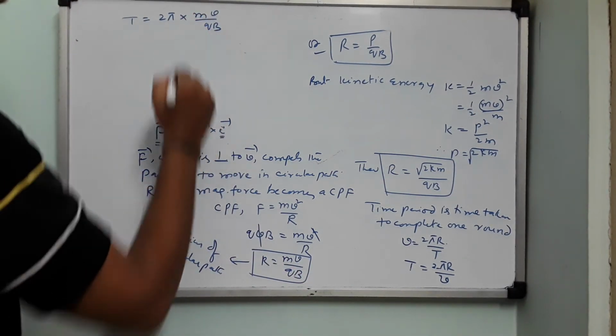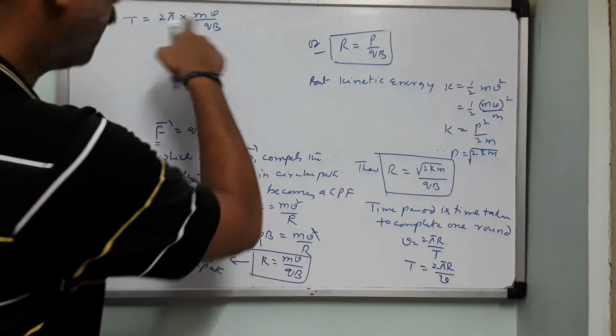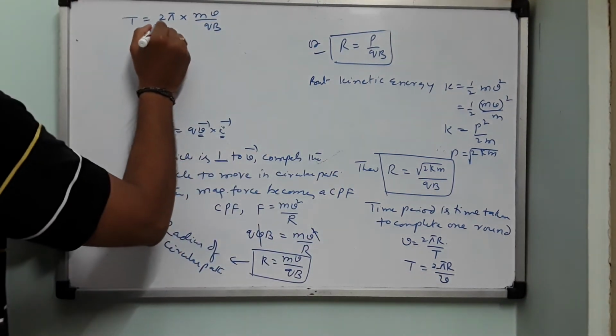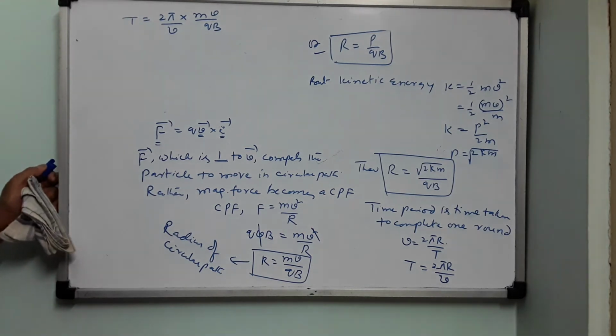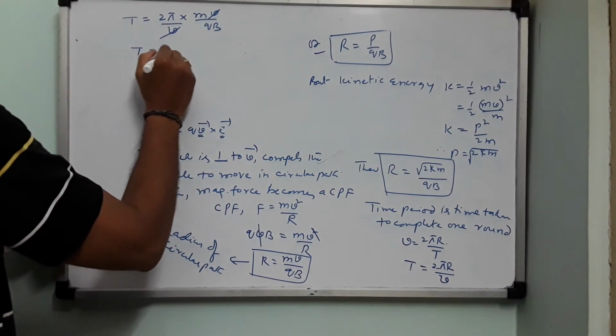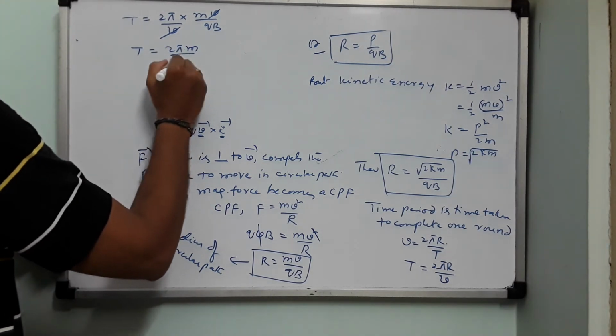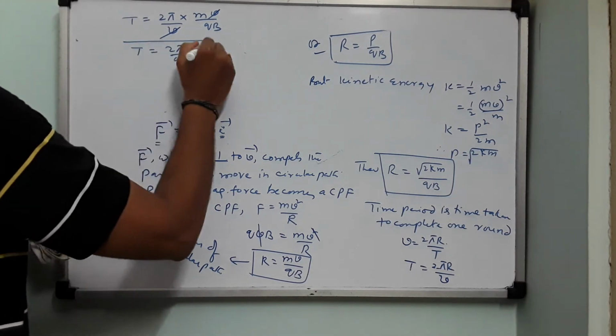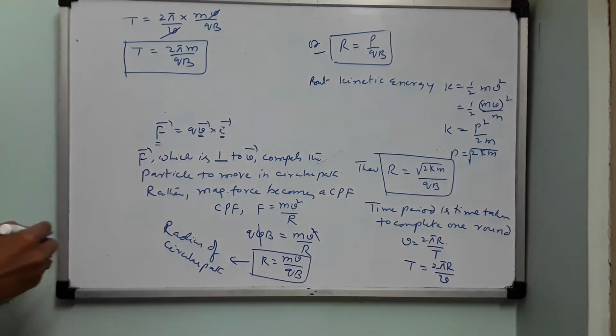So 2 pi r I have written, and in the denominator there is still velocity remaining. So velocity and velocity will be cancelled. So T equals 2 pi m divided by qb. This is one of the important and interesting expressions, children.